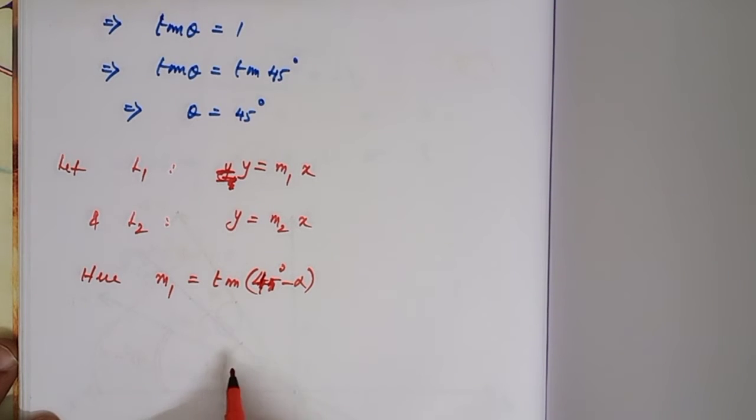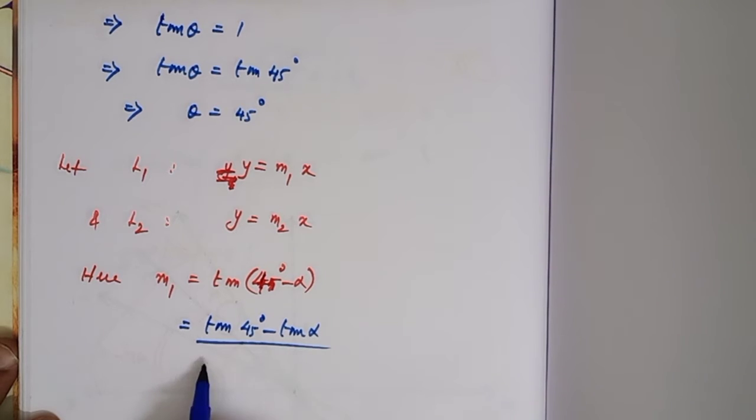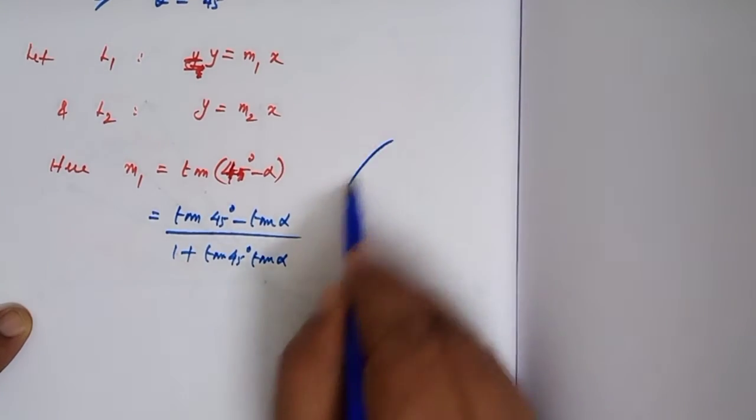It can be simplified: tan 45 minus tan alpha divided by 1 plus tan 45 into tan alpha, because this is of the form tan of a minus b.